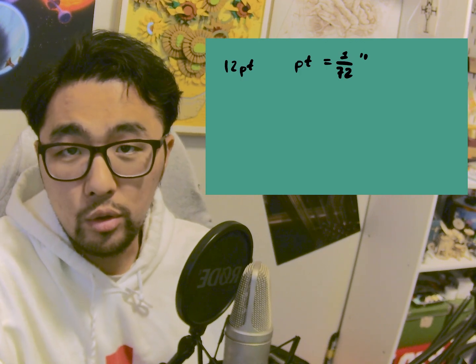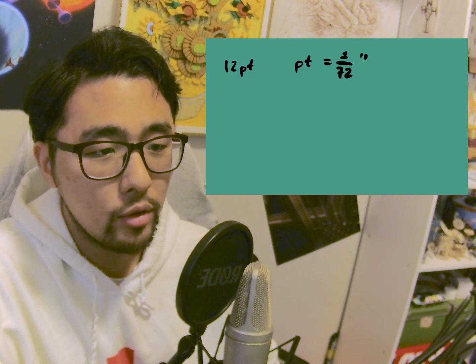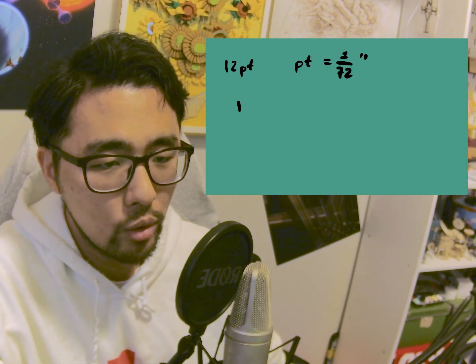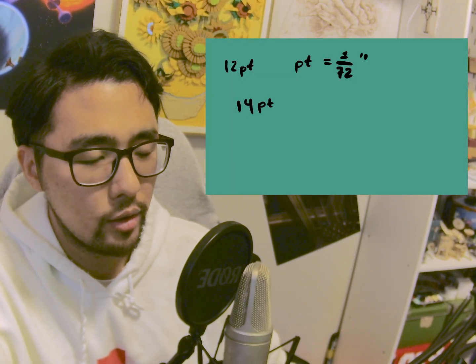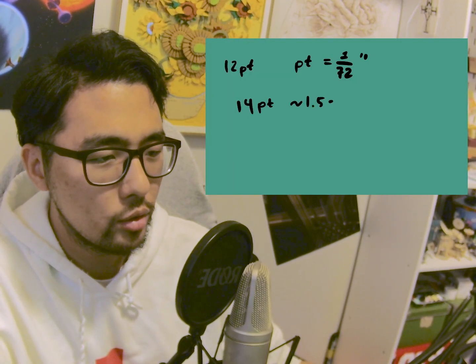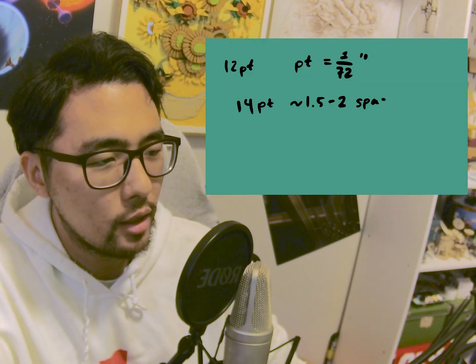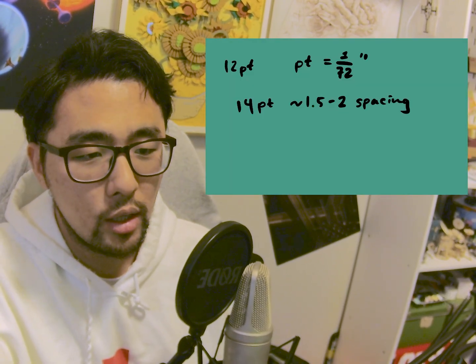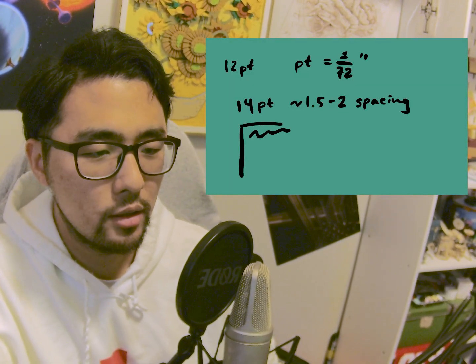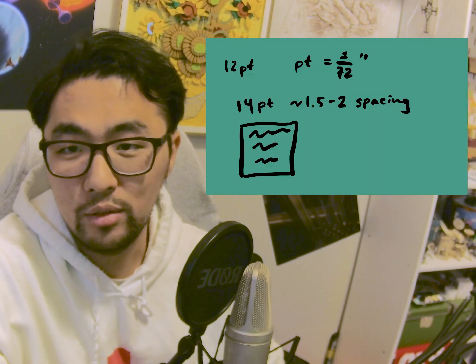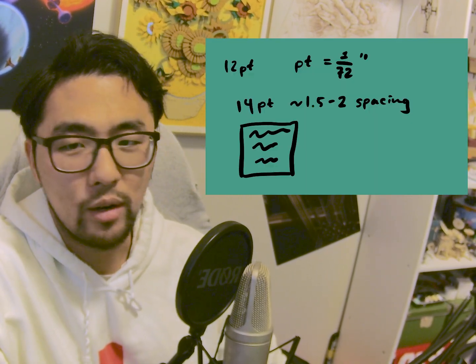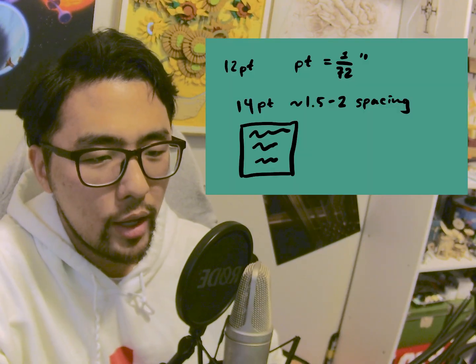Now, when people usually do lectures or whatever, they have a 14-point font with about 1.5 or 2 spacing, and they use that to write a document, and on that document is what they read out for their lecture or speech. So we have 14 points to go off of.